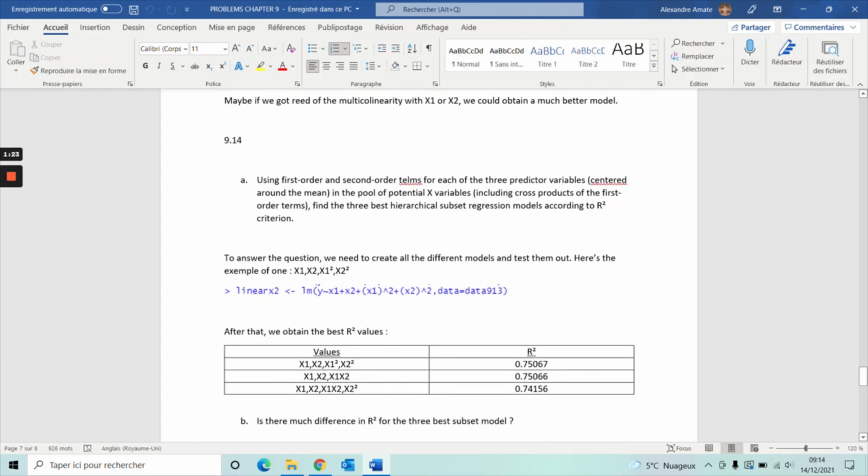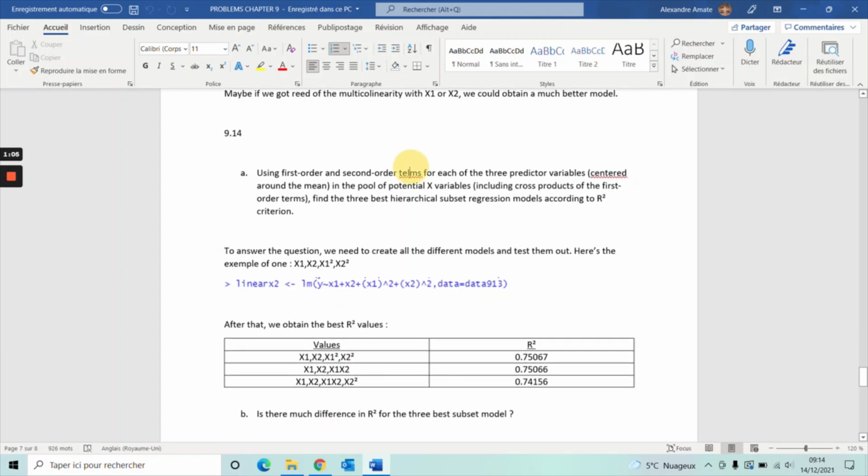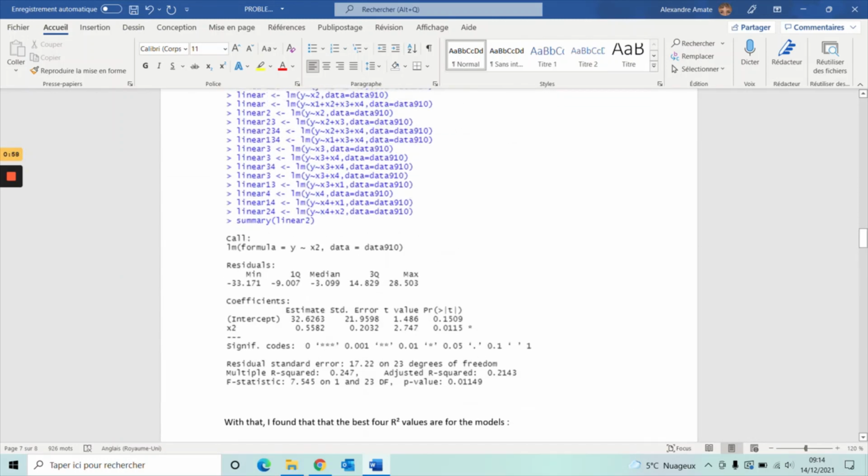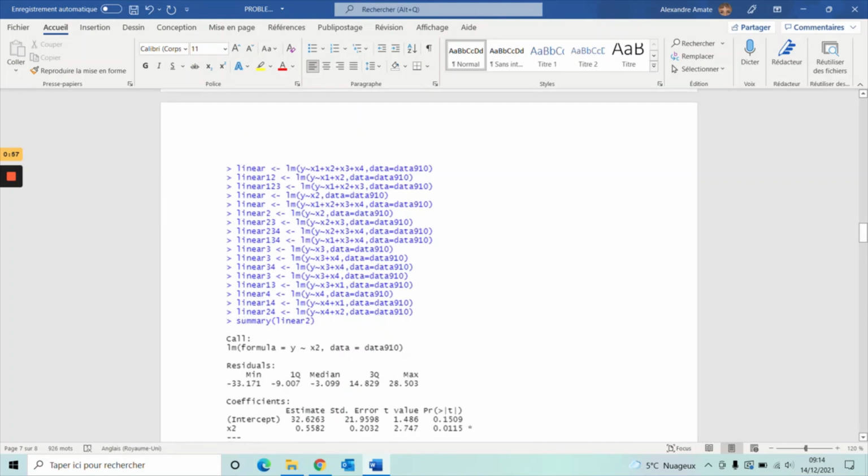So 9.14, the last one. Using first order and second order terms of each of the three predictor variables, the polynomial, find the best R squared, basically the R squared for second order terms. It's basically the same as the earlier question, 9.11.